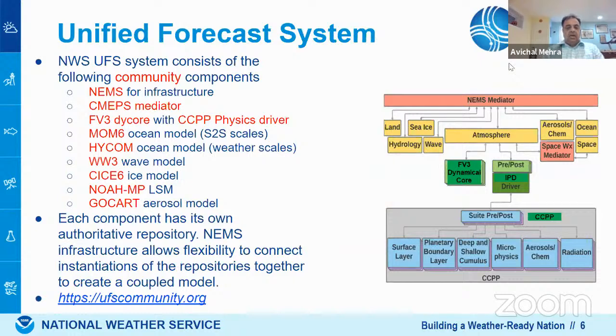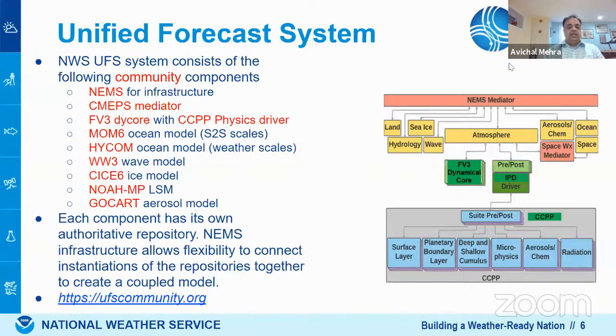So let's talk a little bit about the UFS, or the Unified Forecast System. The schematic is shown on the right, but it consists of the following components. These are all community developed components. So we're using NEMS for infrastructure, or NOAA's Environmental Modeling System.